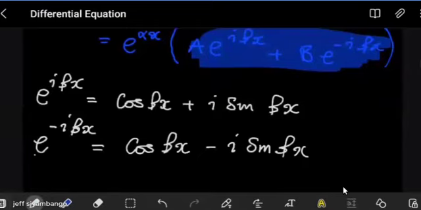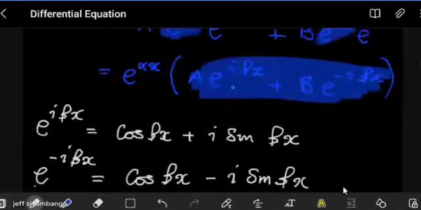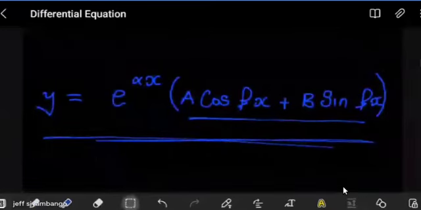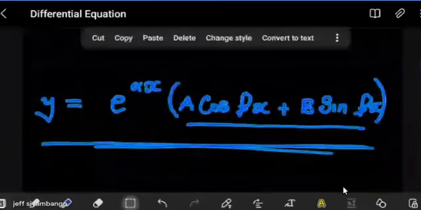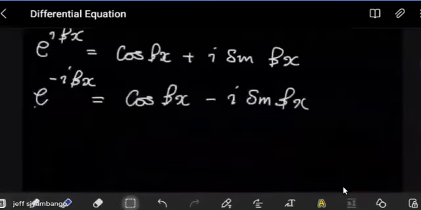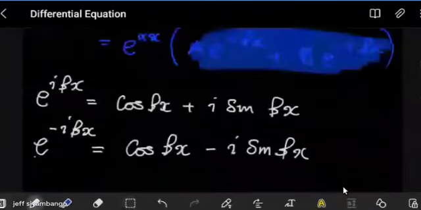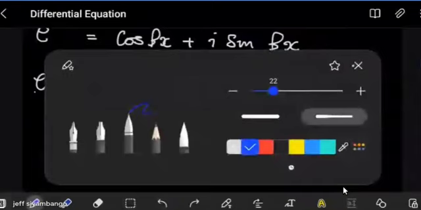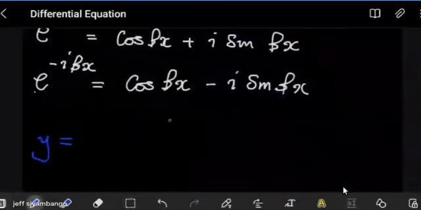So all we have to do now is plug it into our expression and see how it is going to simplify. When you make the substitution and simplify, this is how you end up with that general solution. So let's see what you end up with. Now this is y. So y is equal to, we are not changing this one outside here, so we're keeping it exactly the way it is, e to the alpha x.